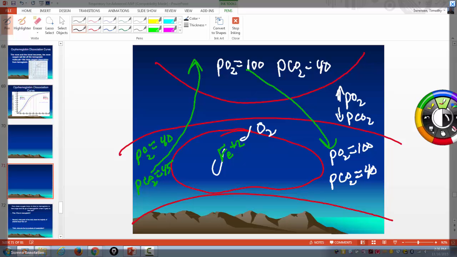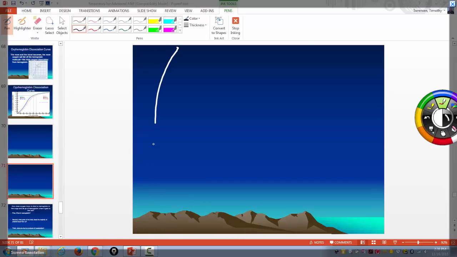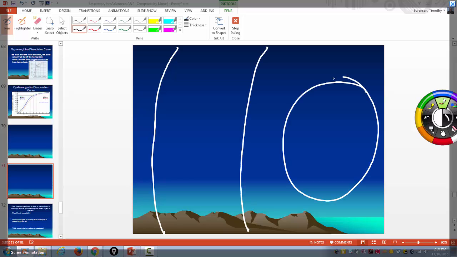High PO2, low PCO2. And those are two conditions that make oxygen want to bind to the iron on hemoglobin. When you get down to the cell, the opposite is true, right? What's true? The opposite.